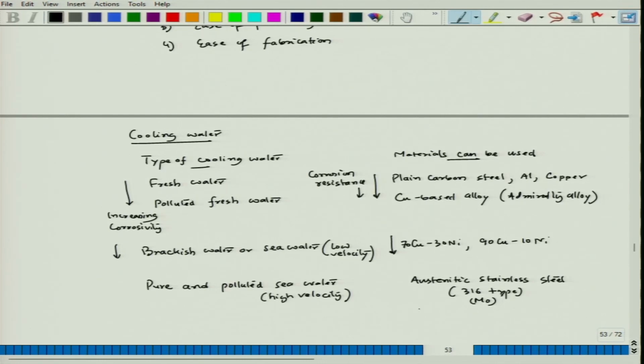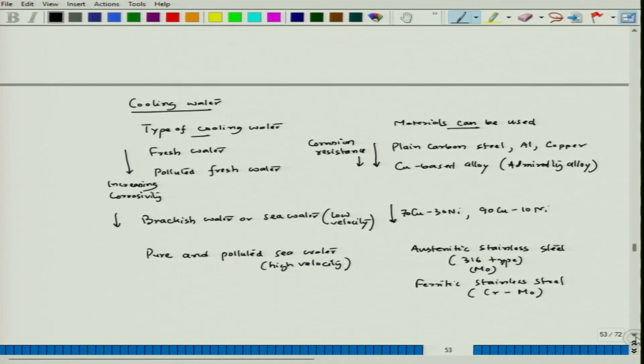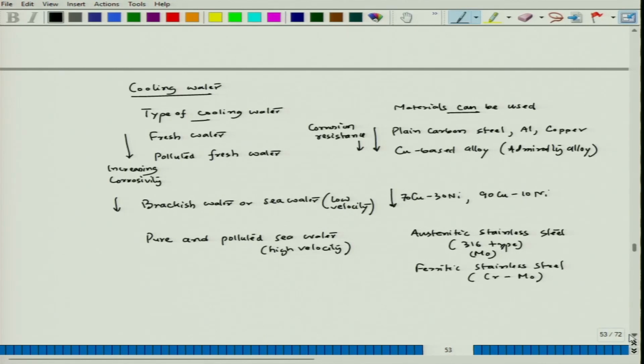We can use ferritic stainless steel with extra chromium as well as molybdenum, fine. So, these two things we can actually prevent the pitting ability in polluted seawater, but high velocity, remember. So, the high velocity actually reduces the pitting ability, but still if we want to avoid further pitting, we can use molybdenum added steels. We can also use titanium, fine.